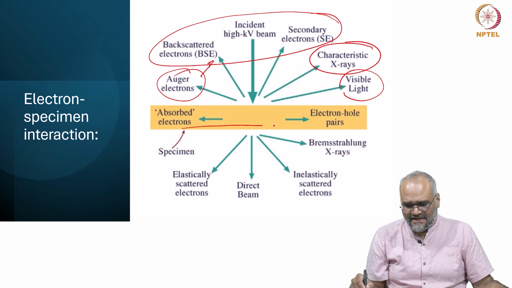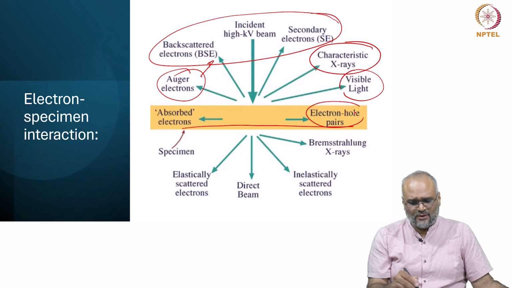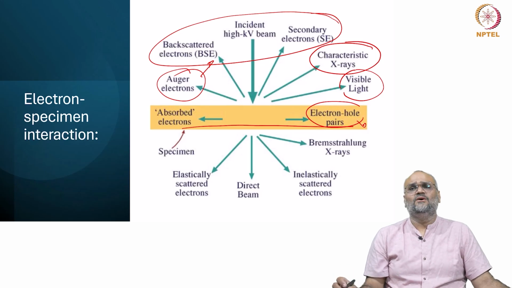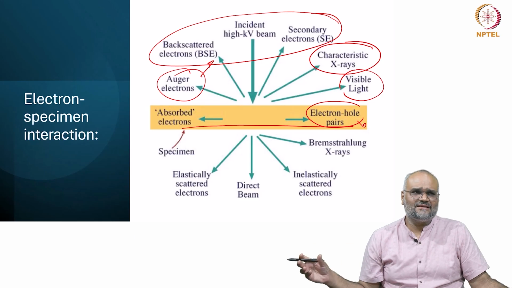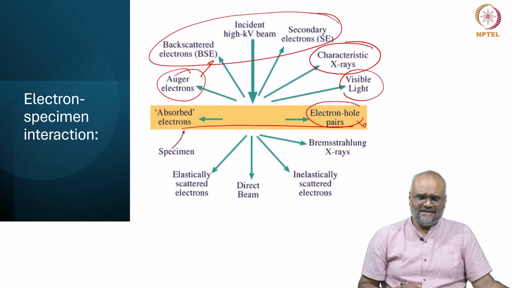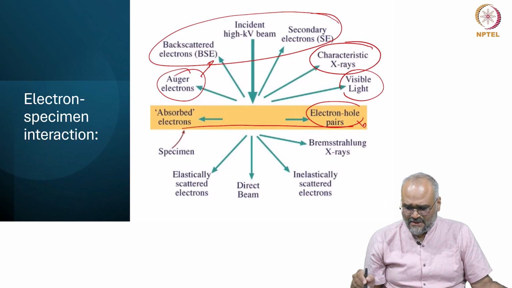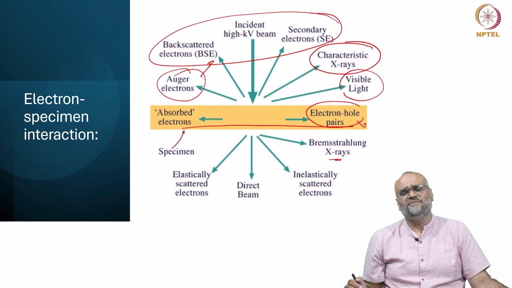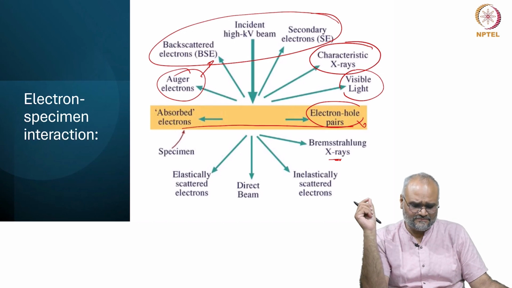These absorbed electrons and electron hole pairs, you can measure how these recombinations can vary the conductivity or the band gap when you look at the EELS fine structure or the low loss structure. The Bremsstrahlung X-rays, like I covered in the previous lecture, give you a signature of what kind of bond you have.